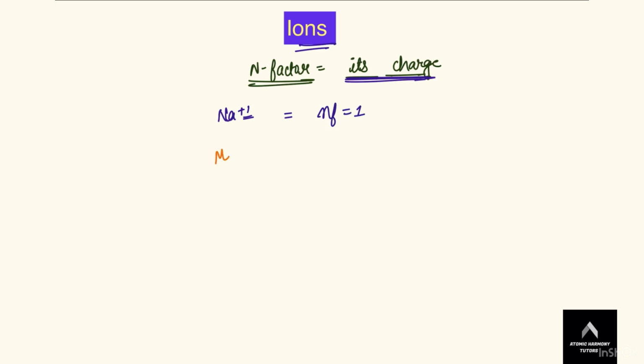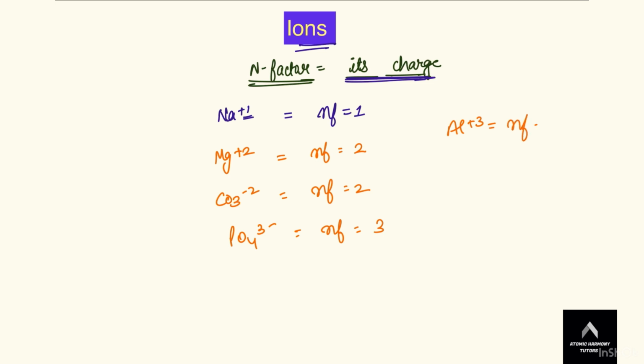Now magnesium positive 2, its n factor is equal to 2. CO3 2 negative, n factor is equal to 2. PO4 3 negative, n factor is equal to 3. Aluminium positive 3, then n factor will be, yes, 3. So in case of ion, it's very simple, you have to calculate its charge, then this is equal to our n factor. So it's a very easy trick.